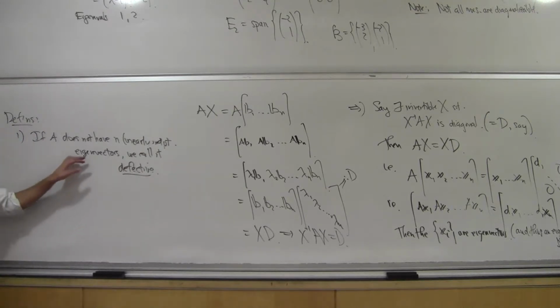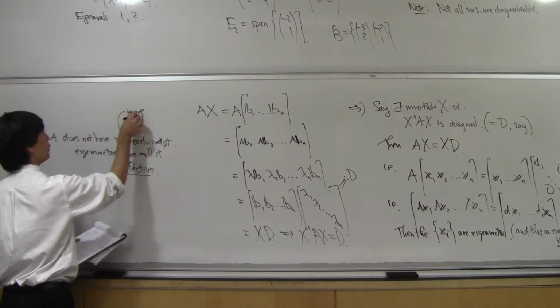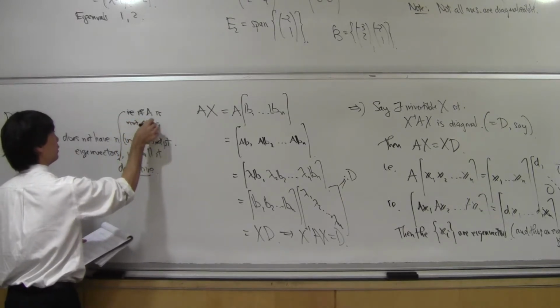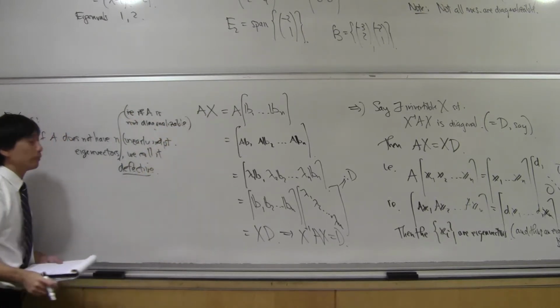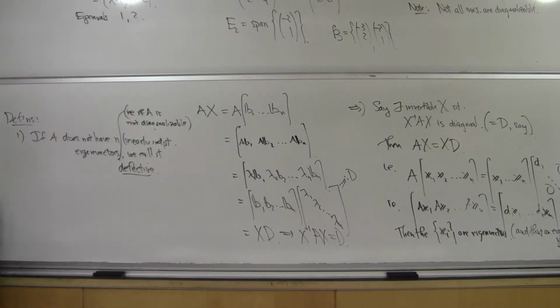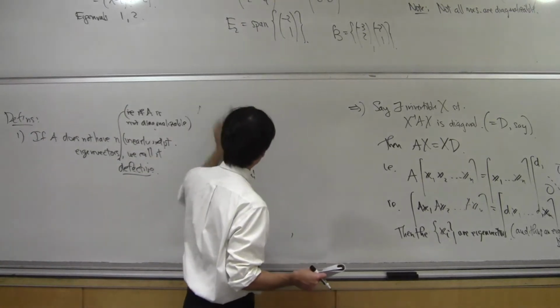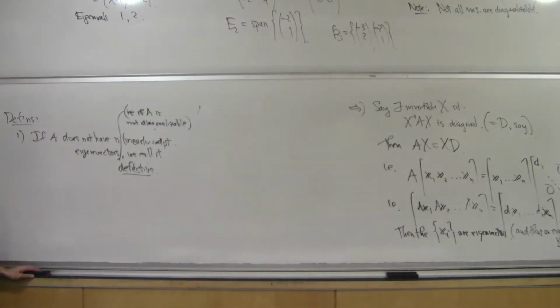In other words, if A is not diagonalizable, then we call it defective. I should say that I don't think I've seen this term outside of this textbook, so maybe it's just some word that the author came up with. I doubt it. It's probably used somewhere, but I've never seen this term used.